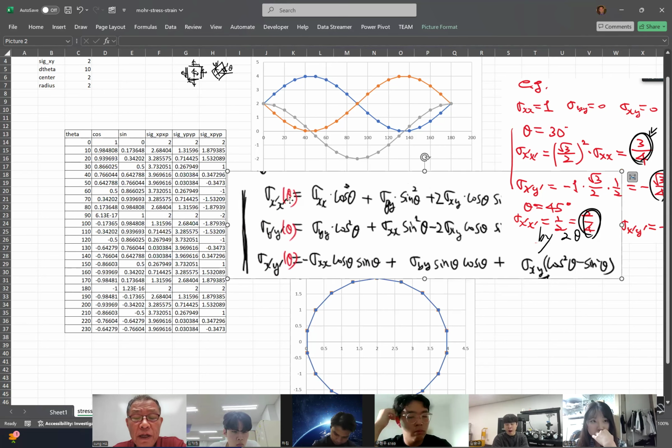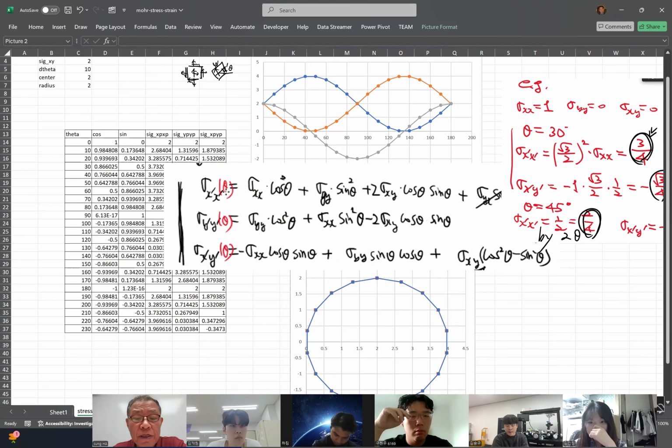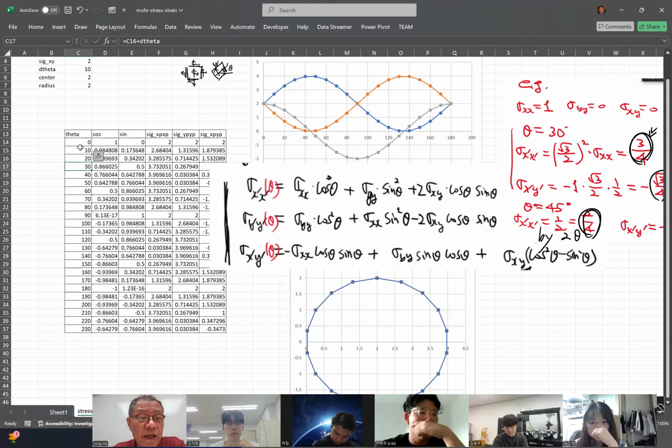And we simply put this into Excel as a function of theta here in degrees. And then cosine and sine, we can easily get the value using the Excel function.